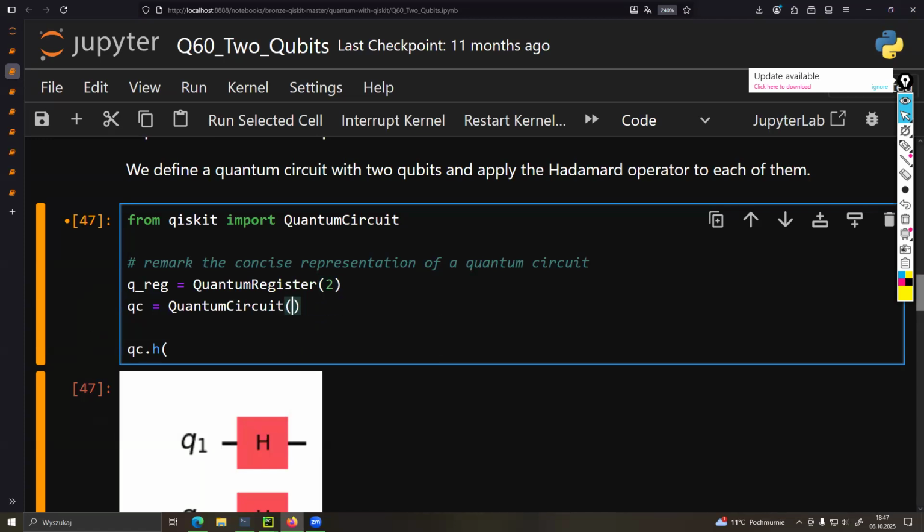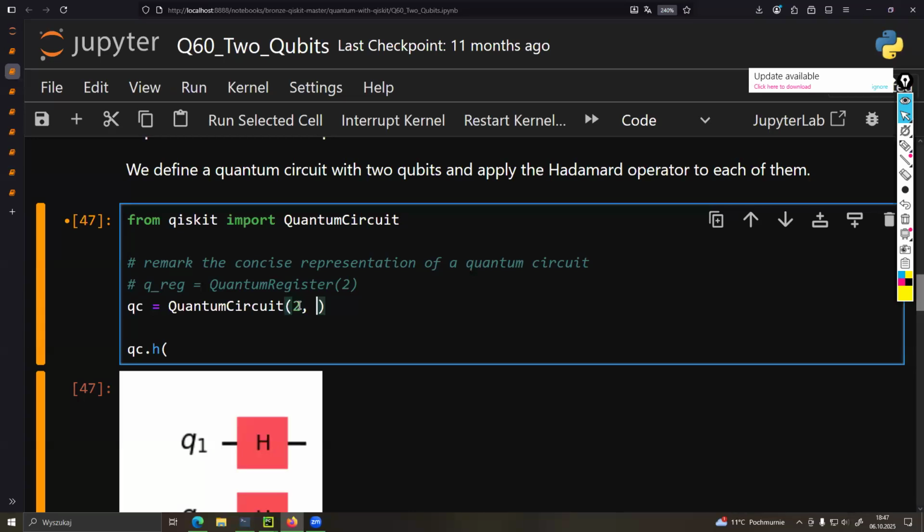Or I could just have a register with no name, and I just pass into the quantum circuit a number. And this number will mean that I have 2 qubits.